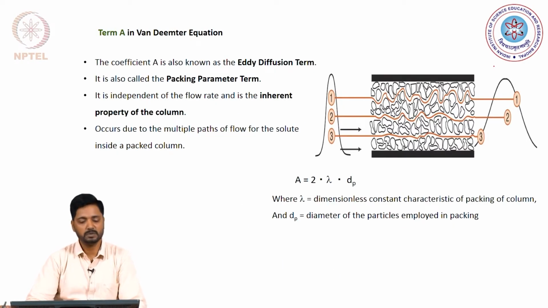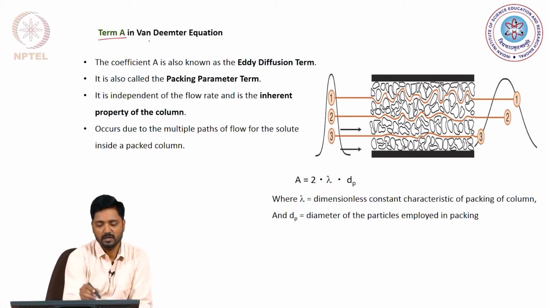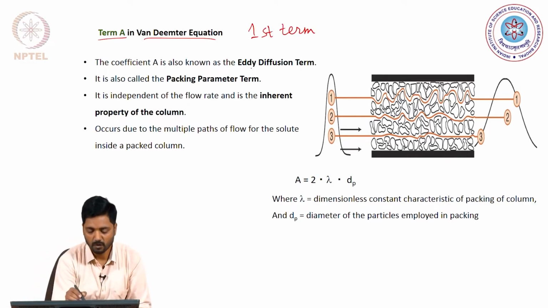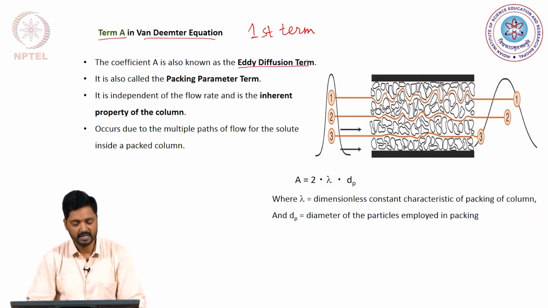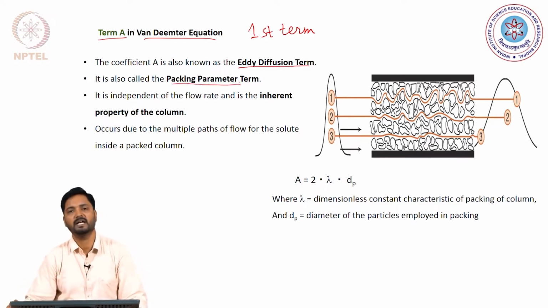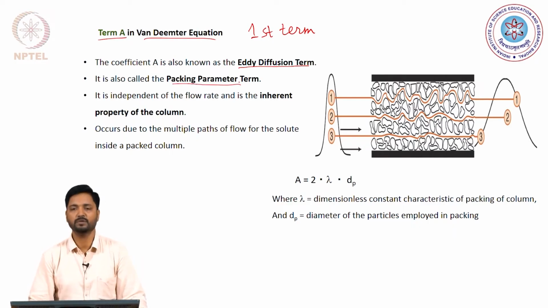Now, coming to the A term of the Van Deemter equation, which is the first term, this term or coefficient is also known as the eddy diffusion term, and it is also called the packing parameter term, and we will understand why. First of all, let us try to understand what is the origin of this term.